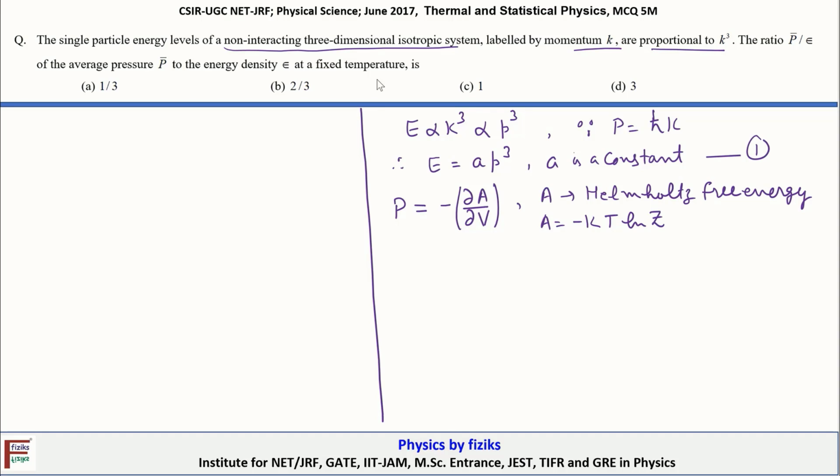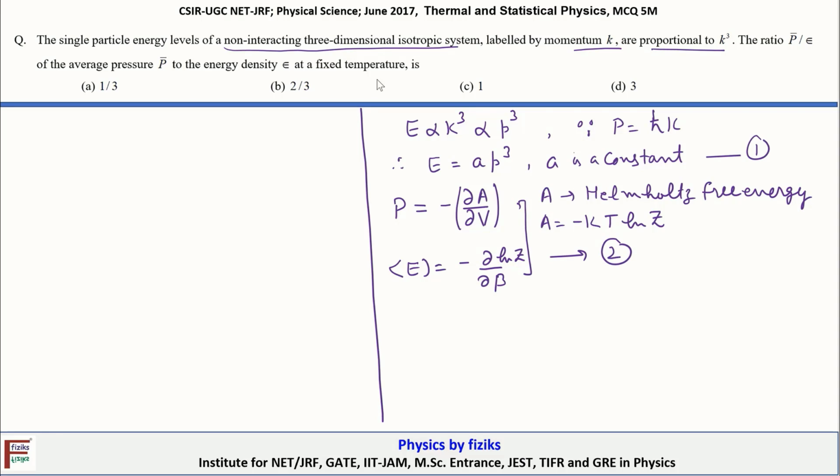Okay, now another quantity that we need to find is the average energy. So average energy is connected to the partition function with this relation: average E is equal to minus d by d beta of ln Z. Okay, so let's call these two equation 2.